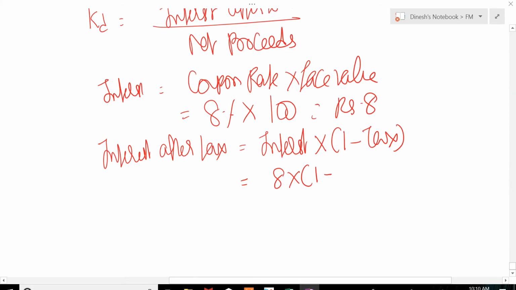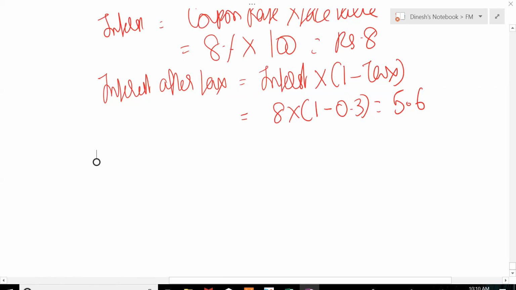We'll take it as the general corporate tax rate and proceed. 8 into 1 minus 0.3. You will have to write that it is assumed. 5.6. Any doubts on this? I will not do such detailed calculation. I could have straight away written the answer. It's just a 10-second solution, but just to understand the format, we are doing it.